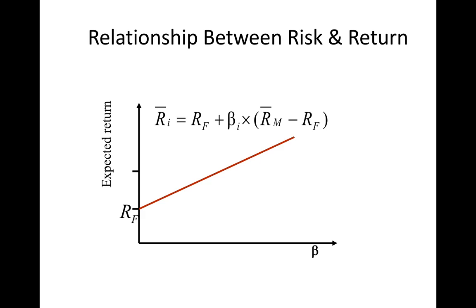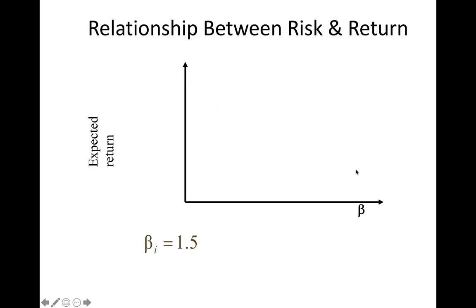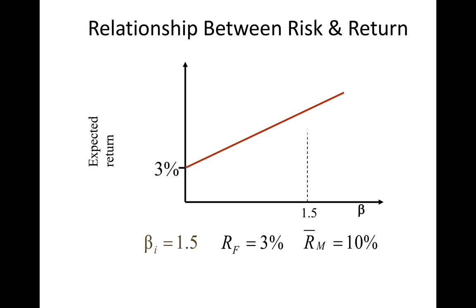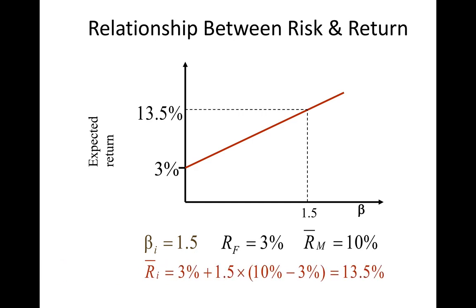This sensitivity is what is going to determine your overall risk premium for a particular security. So at 0, we have the risk-free rate. At 1, we get the typical RM. And if it keeps on going, the higher the beta, all things being equal, the higher the expected return. We can plot a case with beta of 1.5 and you see that it goes on to 13.5.